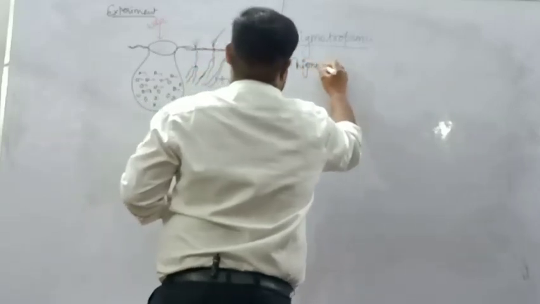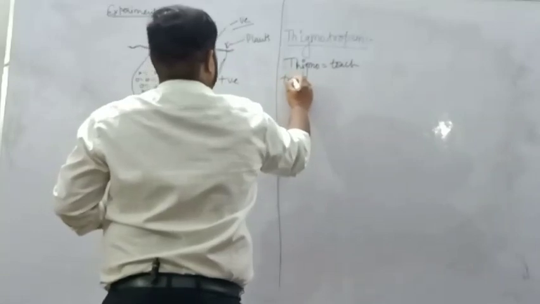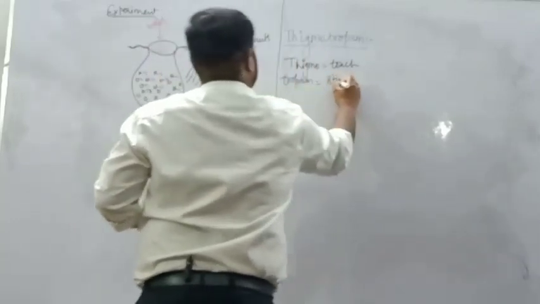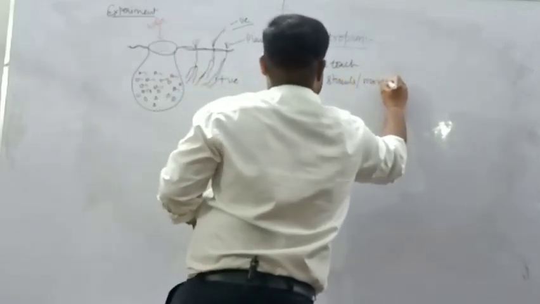Thigmo is equal to touch. Tropism means stimulus or movement.